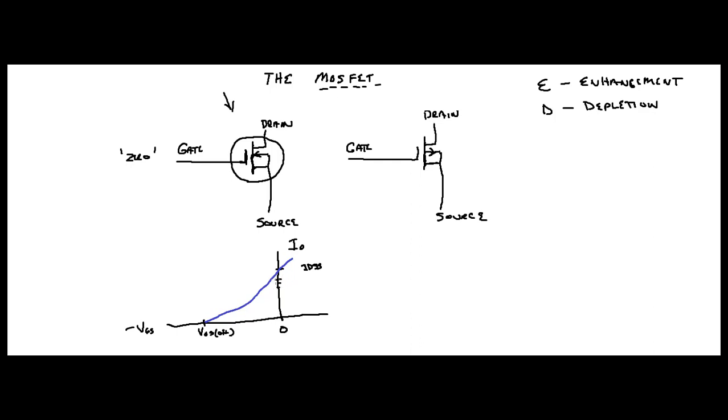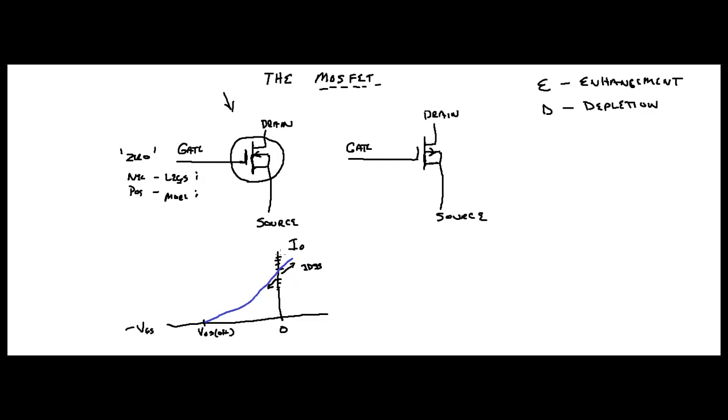The more negative you go this way, the less current. If we go positive, that means more current, because now you're on this side, and you're going to get more current.